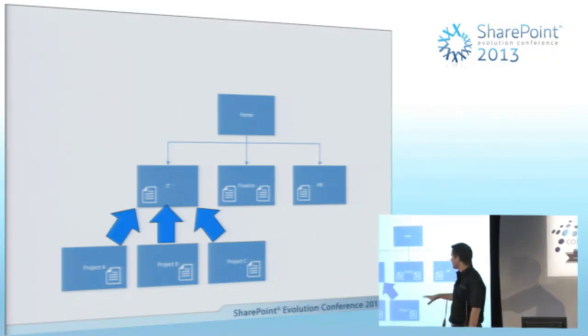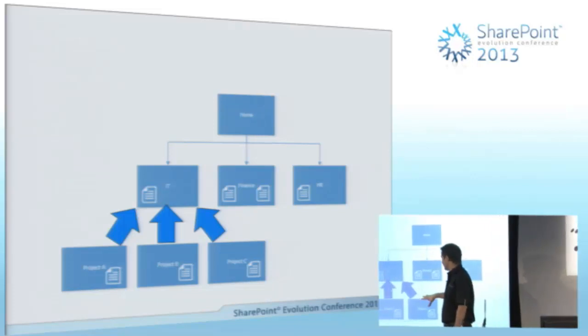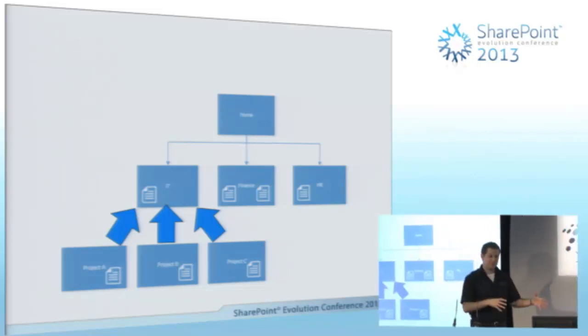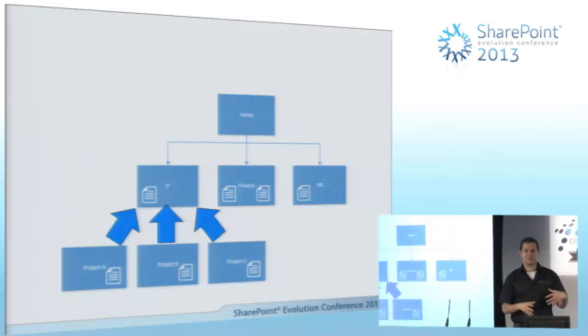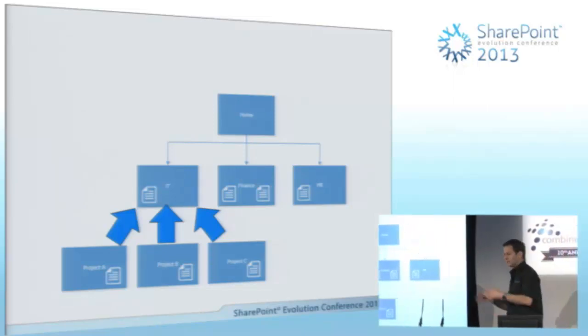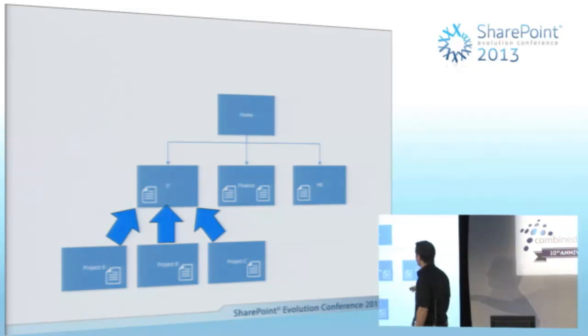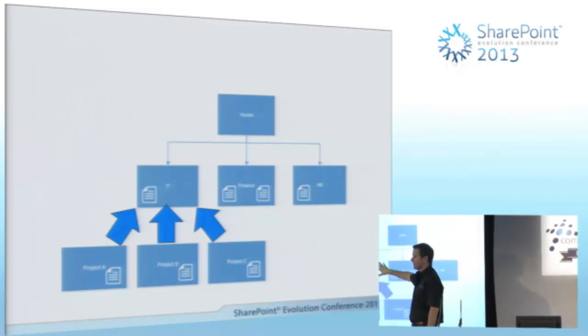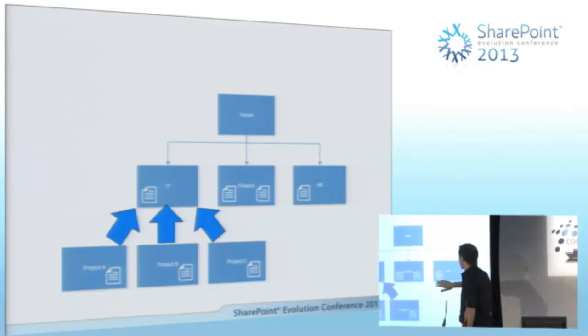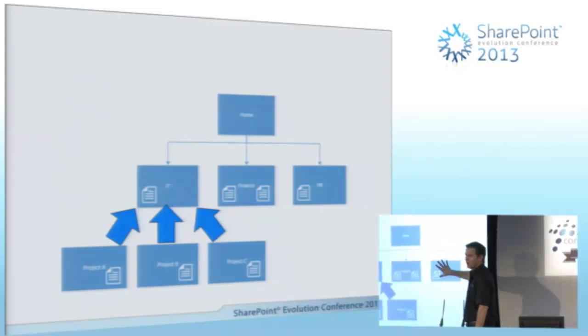This is interesting because from a management and governance perspective, managing site collections, you don't necessarily want to end up with one massive big database, so you want to separate your content easily. But this gives you a nice way to still get some of the benefits of a hierarchy-based system.